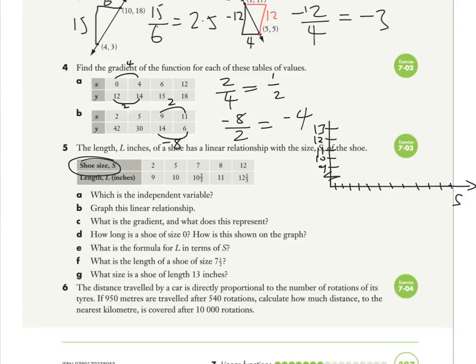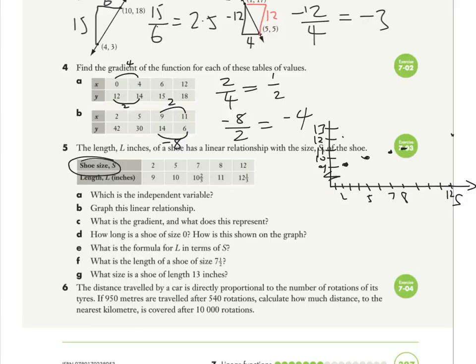Okay, so 2, which is there, has a size of 9. 5, which is there, has a size of 10. 7 has 10 and 2/3, which is not quite 11. 8 has 11, and 12, which is just there, has 12 and 1/3.